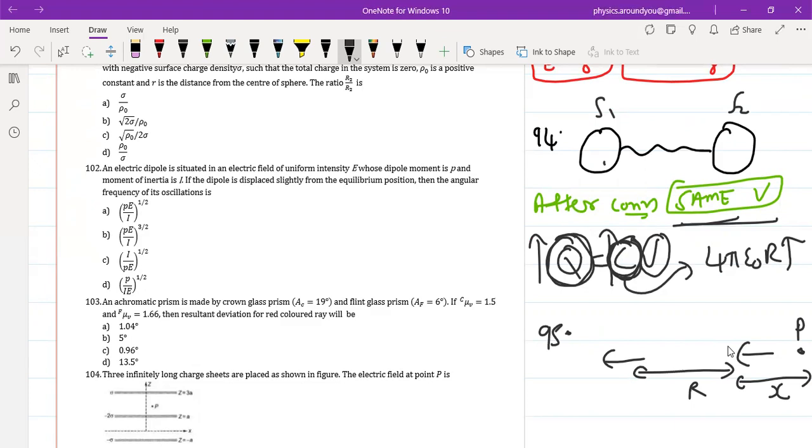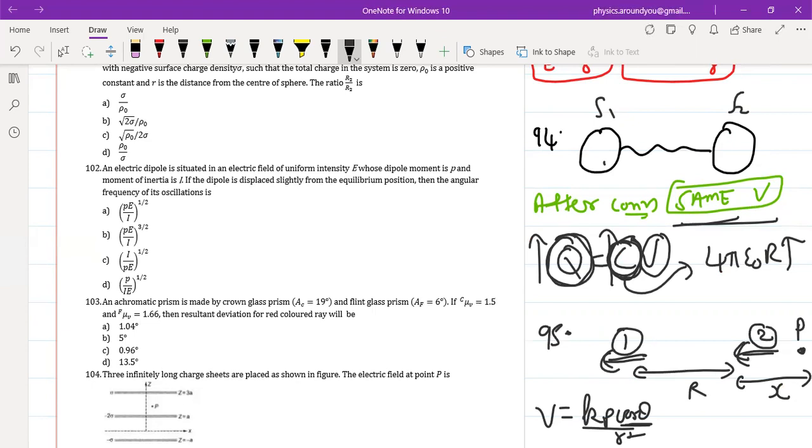How to go about this? We know the potential due to a dipole is Kp cos theta by r square, where r is the distance from the dipole. But the cos theta term is the same for both dipole 1 and dipole 2 since the orientation of both dipoles is the same.